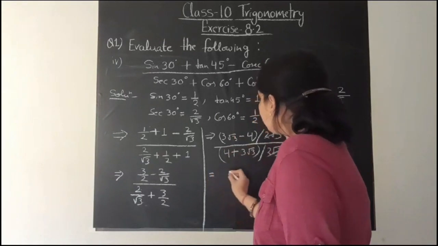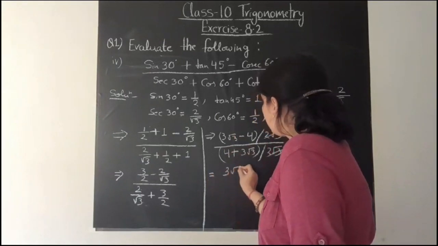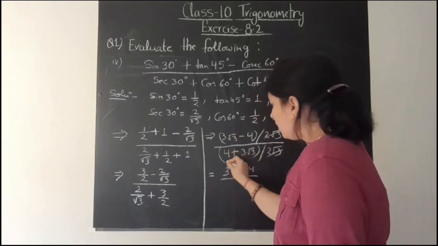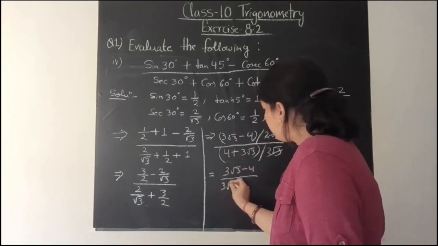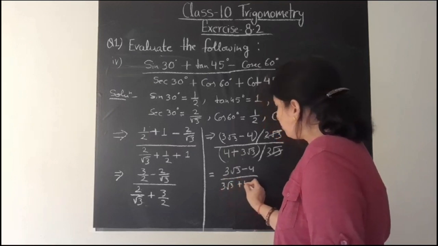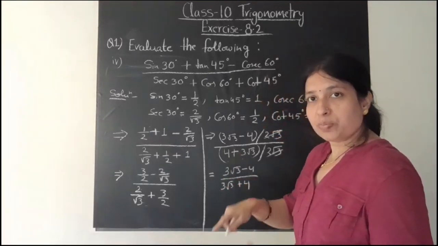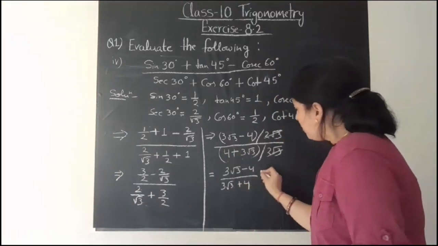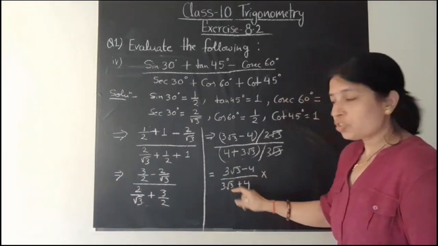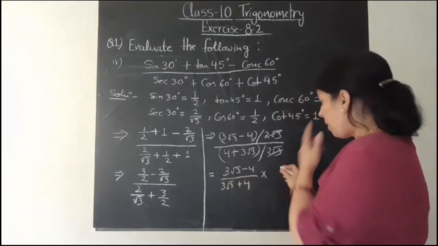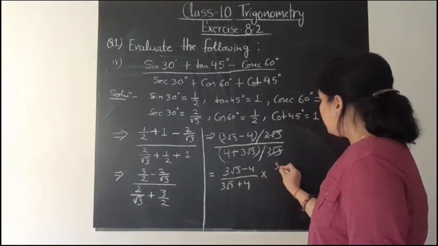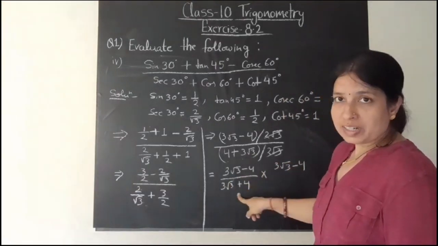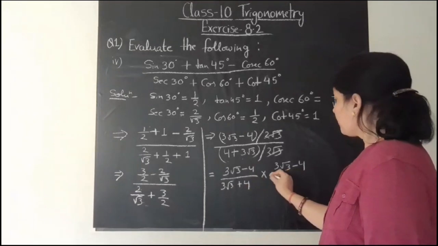So we can write 3 root 3 minus 4 divided by, right here 3 root 3 plus 4, because a plus b is equal to b plus a. Then here we want to remove this square root, so multiply by the conjugate number. So we can write here 3 root 3 minus 4, because here it is plus, so we multiply here by minus.